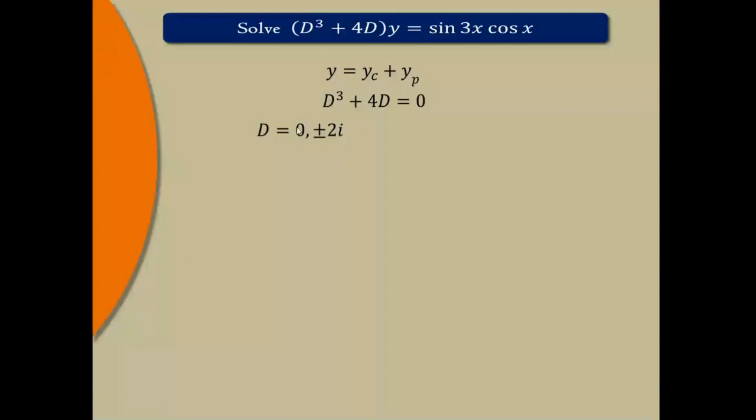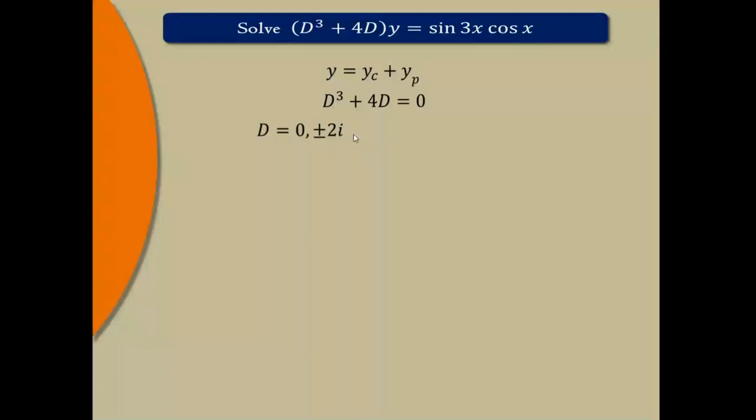Now check the nature of these roots. You can say that 0 is real and distinct. A single root is there, so this is a distinct root. And this plus or minus 2i is nothing but imaginary and distinct. So use the corresponding formula for finding yc.